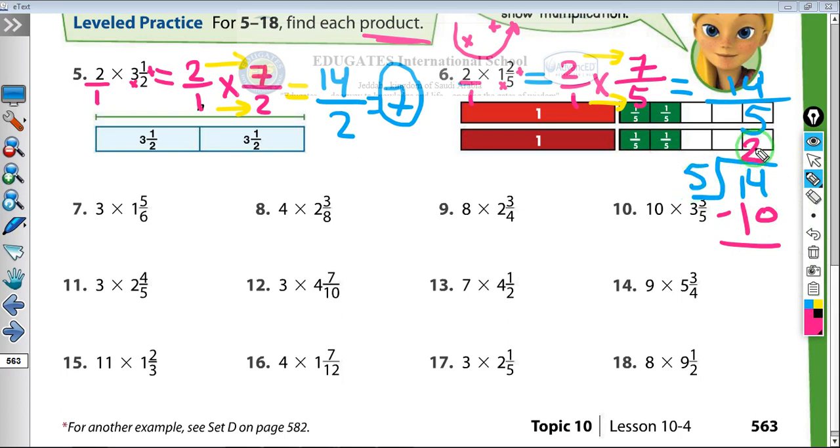Because 5 times 3 is 15. 15 is more than 14, so no need. 14 minus 10 is 4. Teacher, did we finish? Yes. Circle and arrow. The whole number is 2, and 4 over 5. Okay?